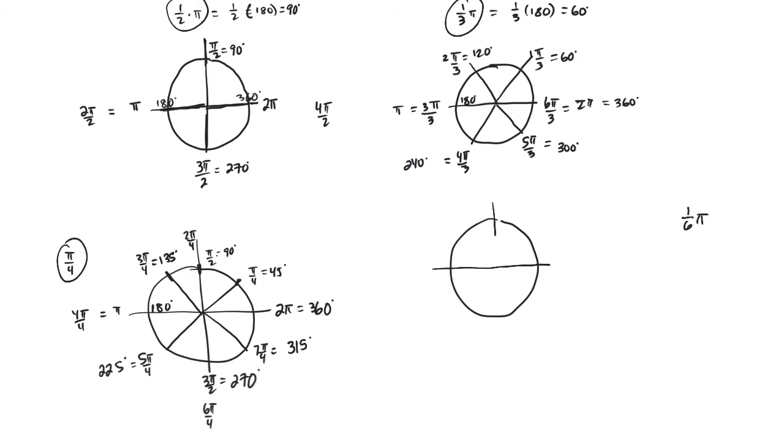Okay, we've done a lot of them. We've done our thirds, our halves. Okay, pi over 6, if this is pi over 3, half of that is pi over 6. This one we already did was pi over 2. This was 2 pi over 3.